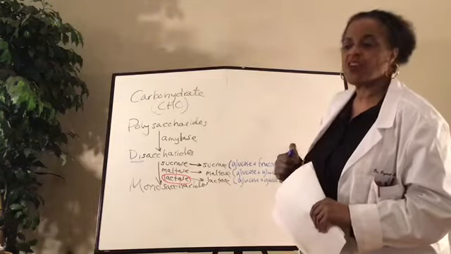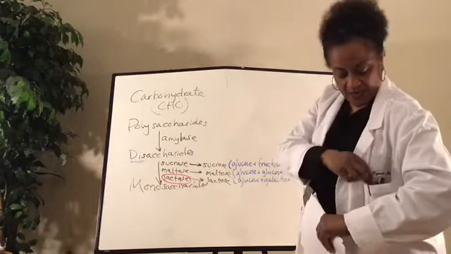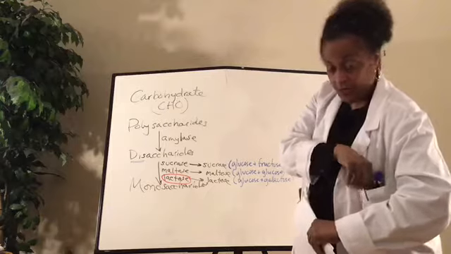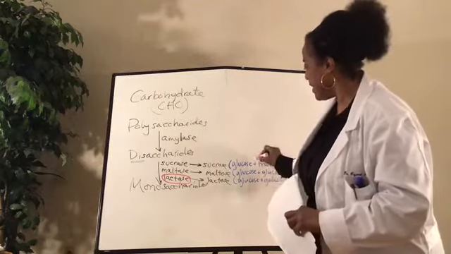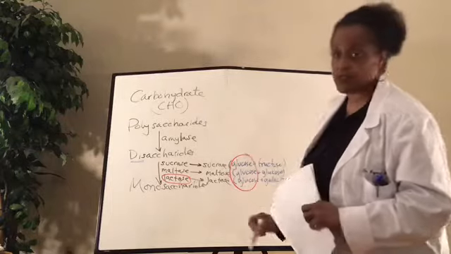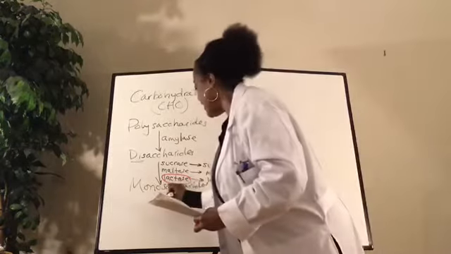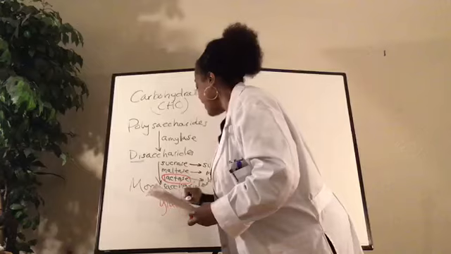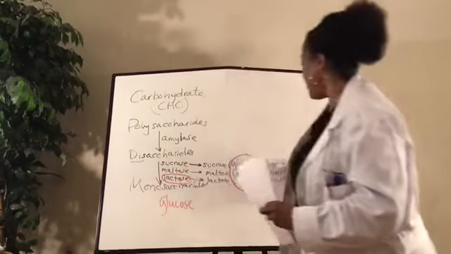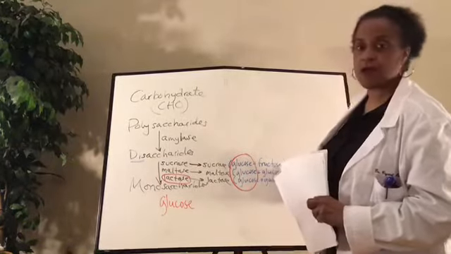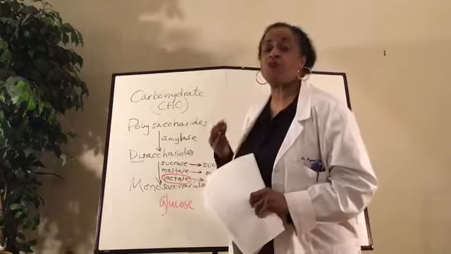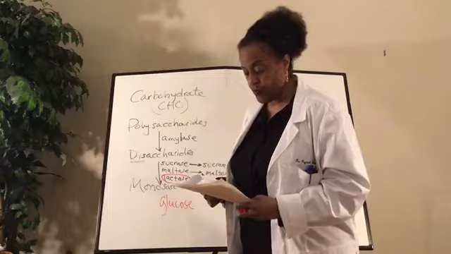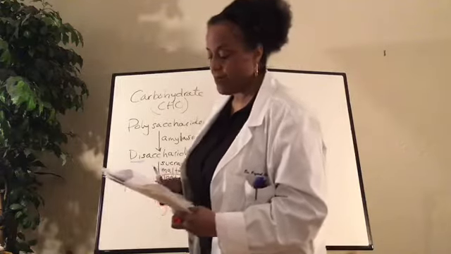Why? Because the goal is to get to a monosaccharide. That's really the goal. We really, really want to get to use this glucose. So now we're down at monosaccharide, glucose. Although any of these are monosaccharides, the brain and the cells really crave glucose more than the other monosaccharides.